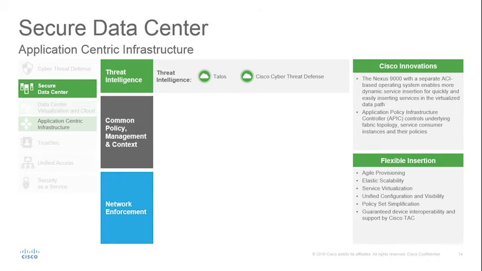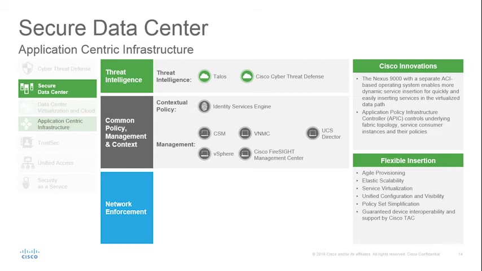Within the ACI offering, Cisco Talos and Cisco Cyber Threat Defense work together to deliver network traffic analysis and proactive threat intelligence. Like the data center virtualization solution, the ACI offering includes ICE, CSM, VNMC, UCS Director, vSphere, and the Cisco FireSIGHT Management Center.